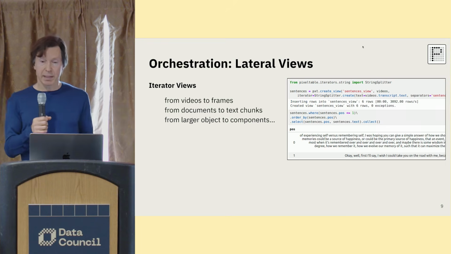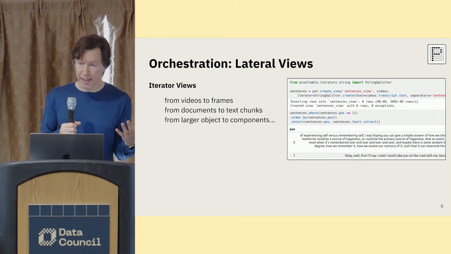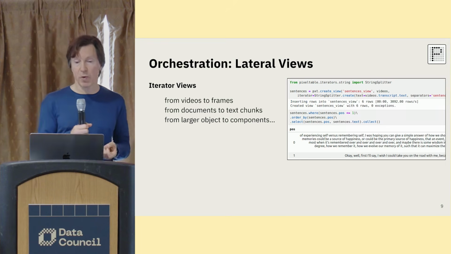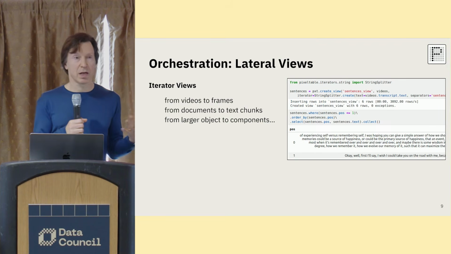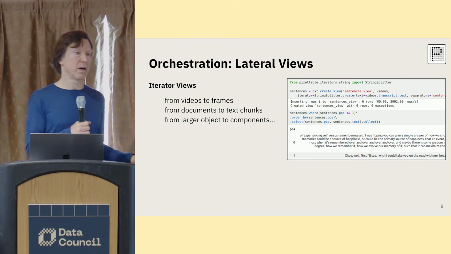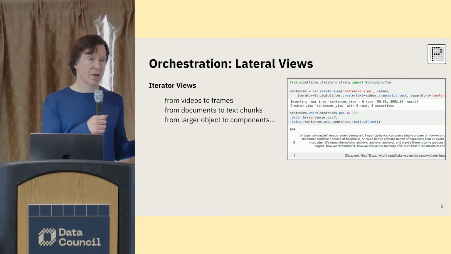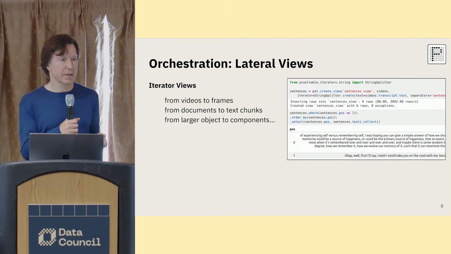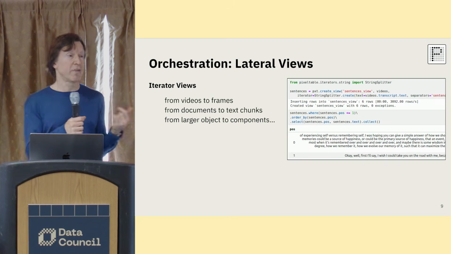Another aspect that is interesting for the multimodal AI case is dealing with objects that are too large for a model and that you have to break down in some form. So typically, with documents, when you're doing RAG, you're doing chunking of the documents, right? Because embedding a whole document doesn't give you very interesting, meaningful embeddings.